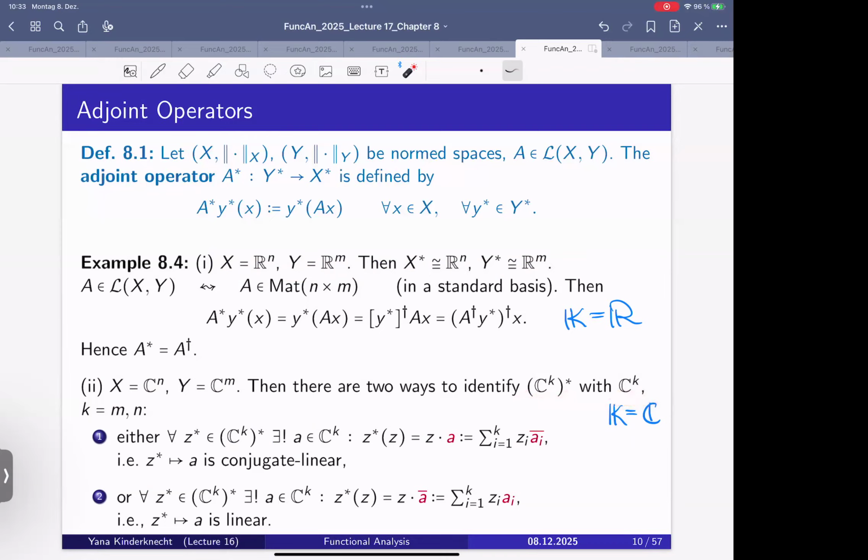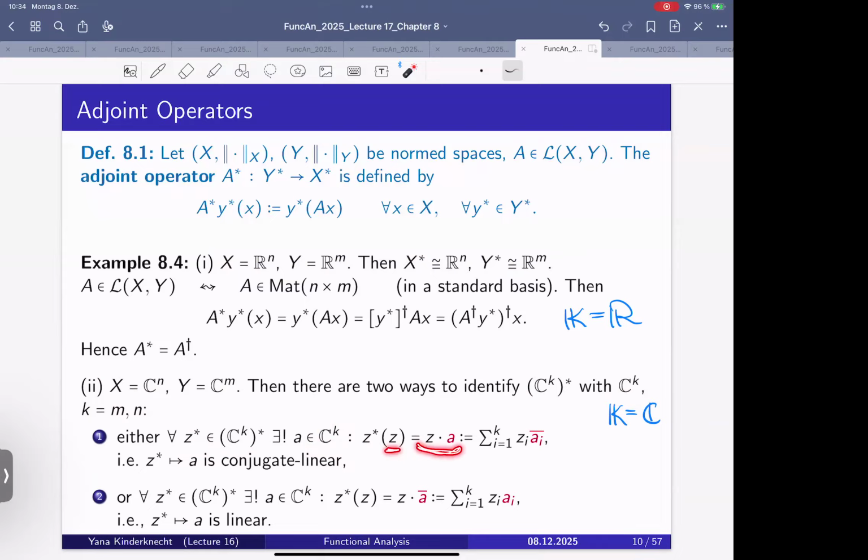And there are two different ways. So one way is as follows. Any continuous linear function on CK can be identified with a vector A in CK in the following way. This continuous linear functional Z star evaluated at point Z is given like this.